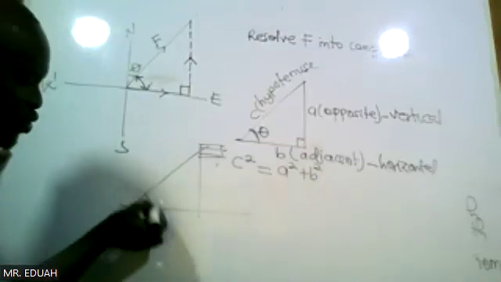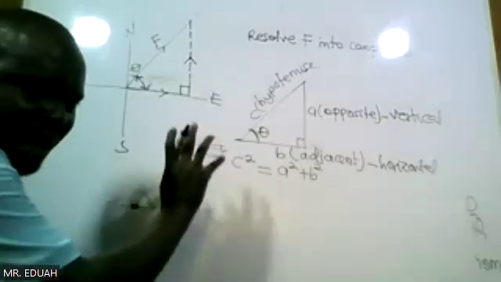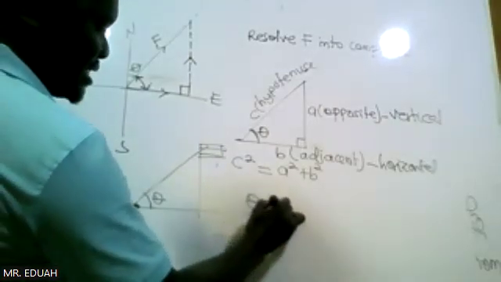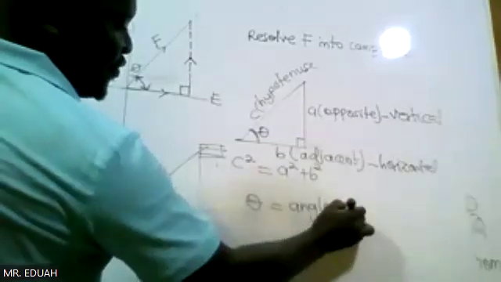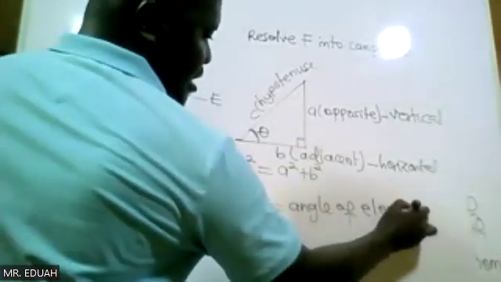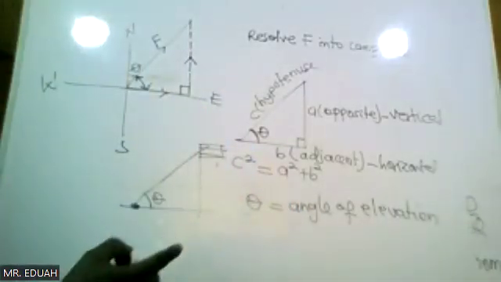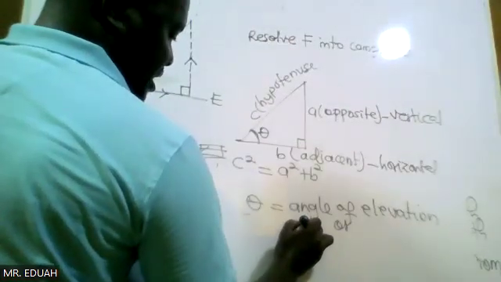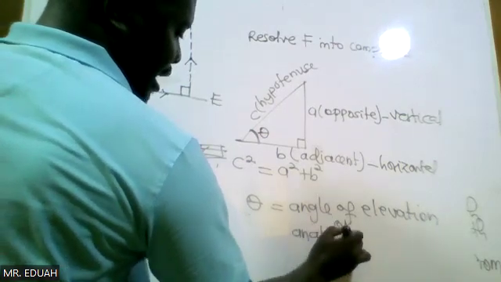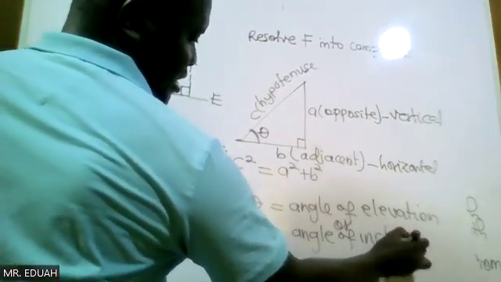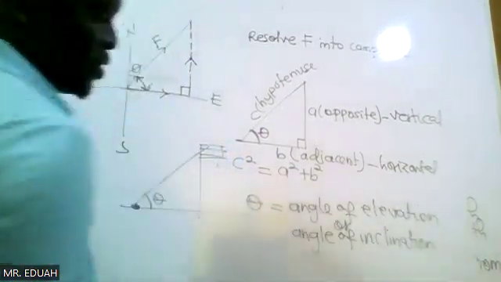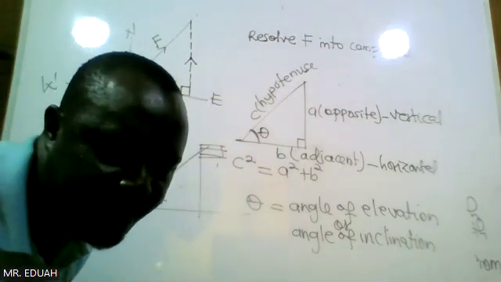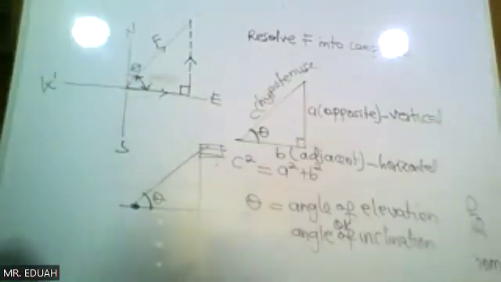So this angle through which the eye has to be raised to view an object up is known as angle of elevation, or angle of inclination. To elevate means to raise.